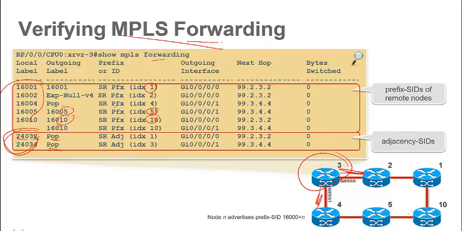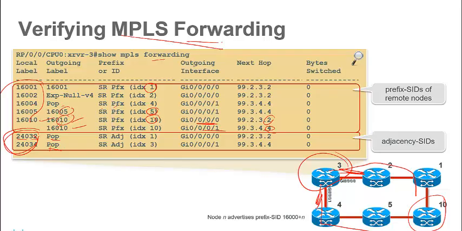See, to go to router 10, 16,010, we have 2 paths, 2 entries. One via gig 0/0/0, you will go to router 2, which is this path. Another via gig 0/0/1, which is via router 4, this path. Okay, so now this is how the MPLS forwarding table looks after you enable segment routing.